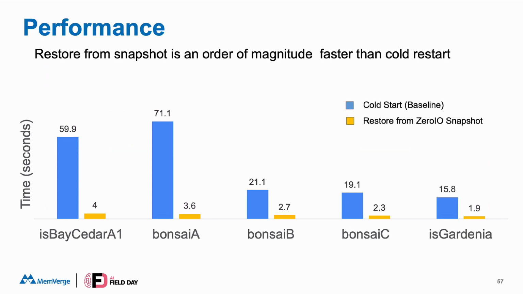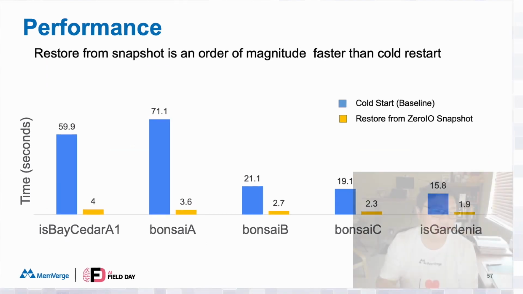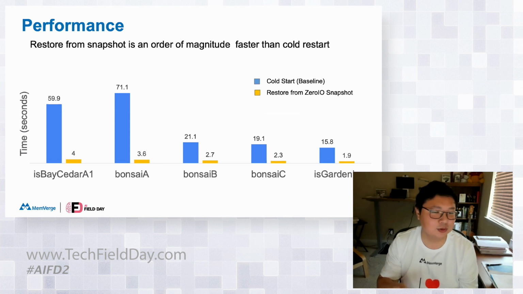You can see that if you don't use our in-memory snapshot, it takes up to 70 seconds to restart this bonsai A model. And with the zero-hour snapshot, it takes about 3.6 seconds just for Maya to show up. The saving comes from at least two parts.